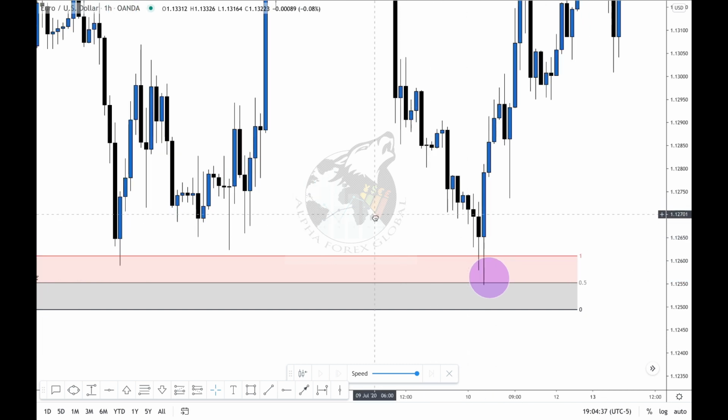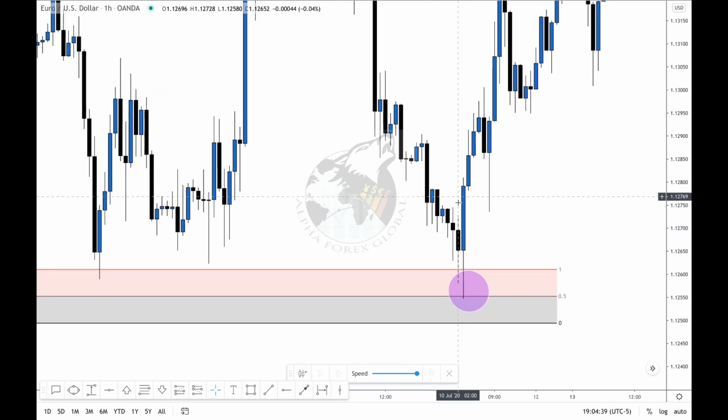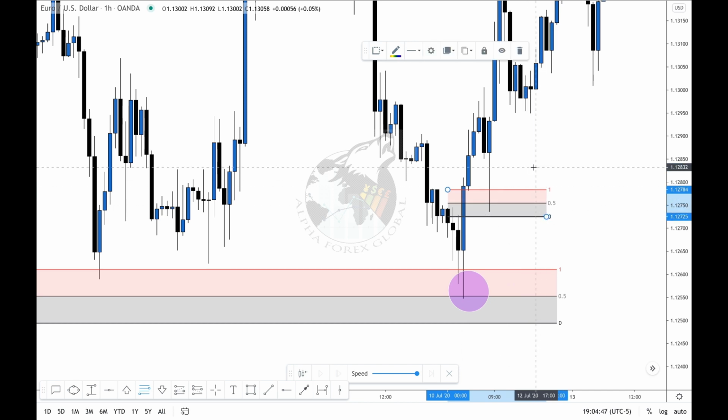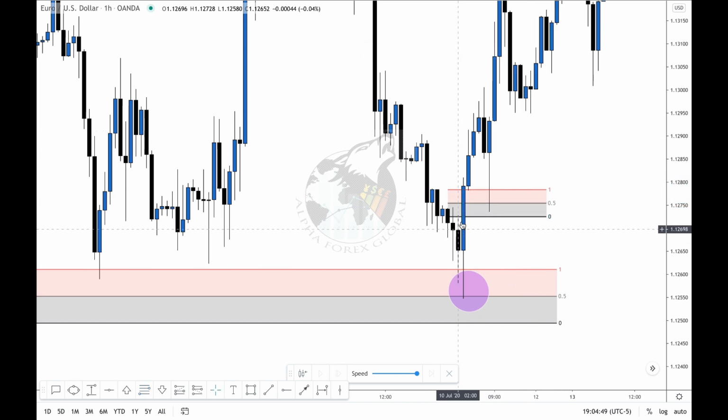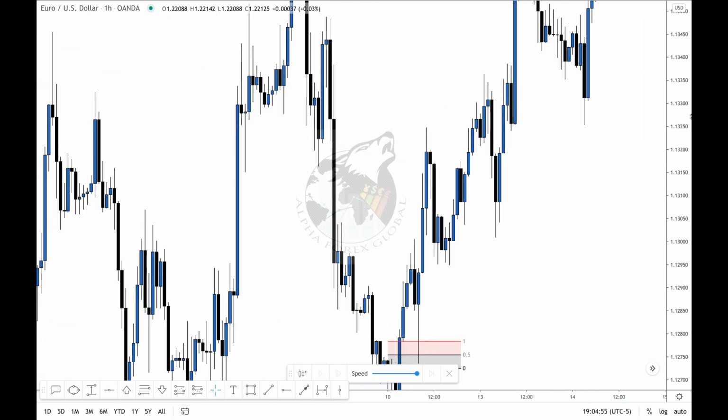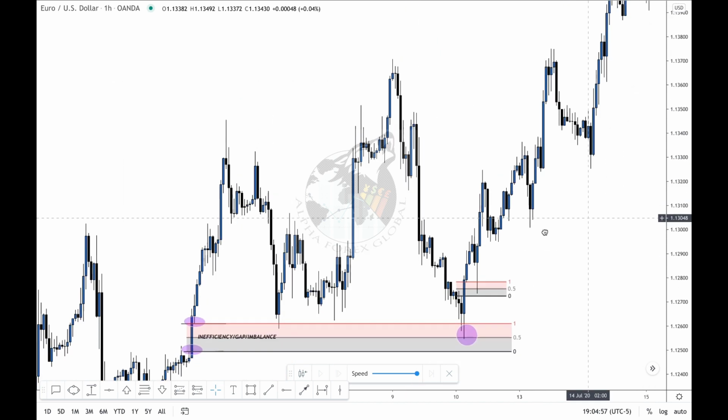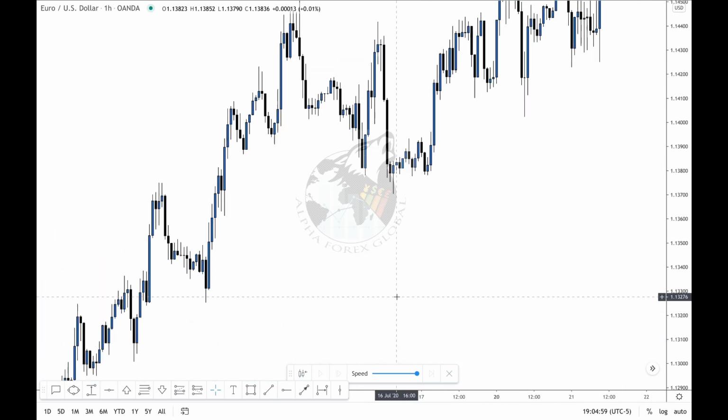Notice when the market came back, it pushed to the upside, creating an order block, and it also left an inefficient area right here. So this could have been another entry opportunity after the market mitigated. There is a ton of areas where you can identify inefficiencies.